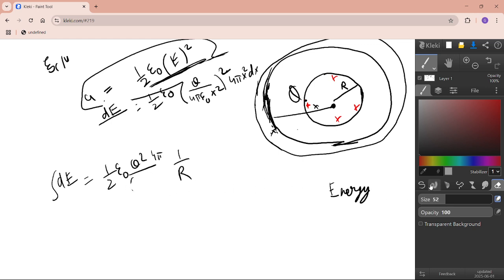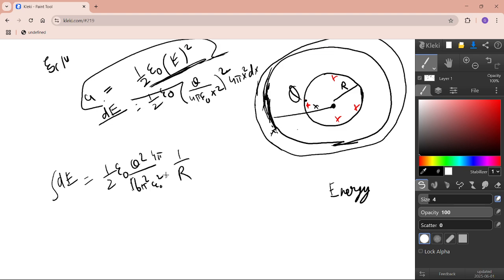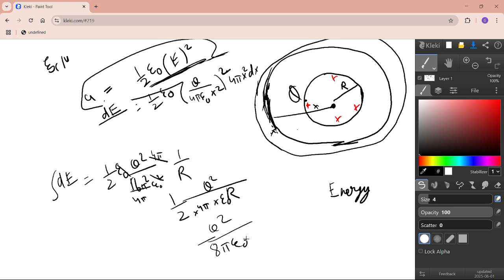Now the denominator becomes 16 pi square epsilon naught square. 4 pi cuts, and we get half times 4 pi times epsilon naught q square by r, or simply q square upon 8 pi epsilon naught r. It's the same answer by the three methods. That's it.